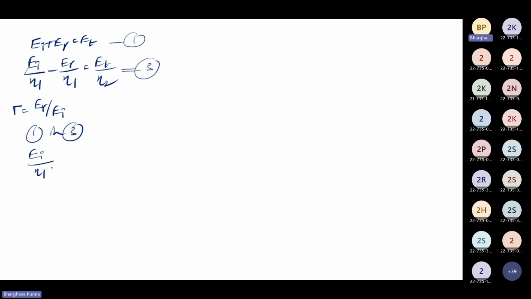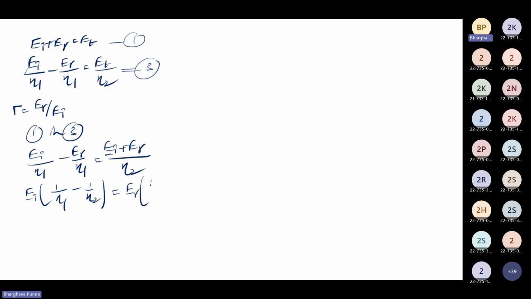EI by eta 1 minus ER by eta 1 is equal to ET, which means EI plus ER by eta 2. To get ER by EI, write all the ER terms at one place and all the EI terms at one place. On the left side, we get EI times 1 by eta 1 minus 1 by eta 2. On the right side, we already have ER by eta 2, and by bringing the minus ER by eta 1 to the right side, we get plus 1 by eta 1.